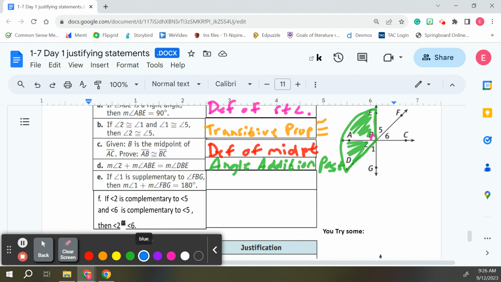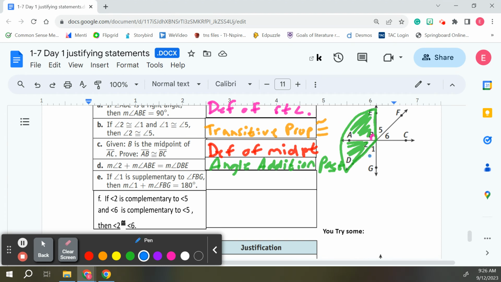All right, letter E. If angle 1 is supplementary to angle FBG, then the measure of angle 1 plus the measure of FBG is equal to 180 degrees. So again, if I take a look at this, here's angle 1.